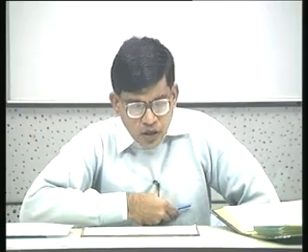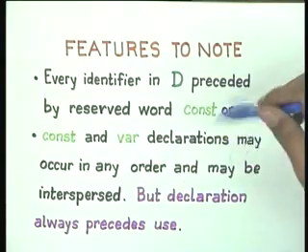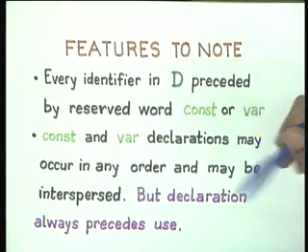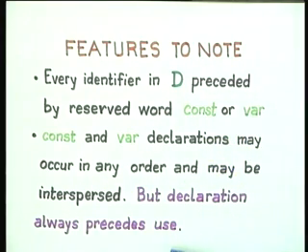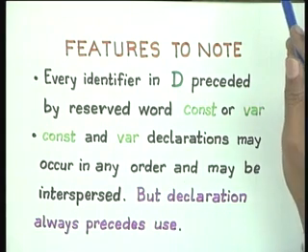Constant and variable declarations may occur in any order and may be interspersed. But if you follow the principle that declaration always precedes use, then it does not really matter, since all the variables are uninitialized, and in a constant declaration you cannot have any occurrence of a variable declared just before it.